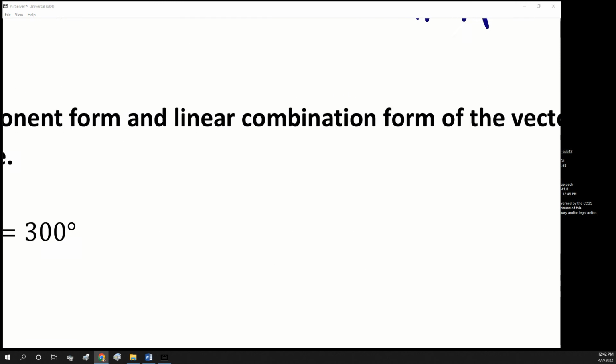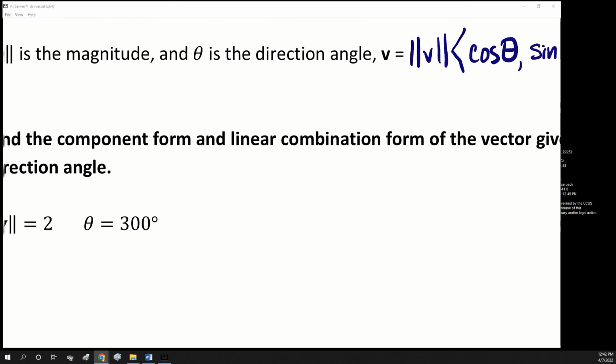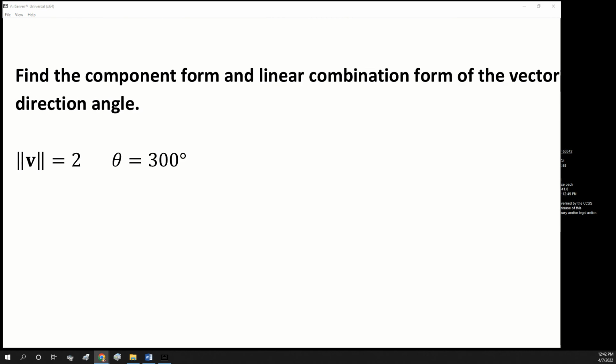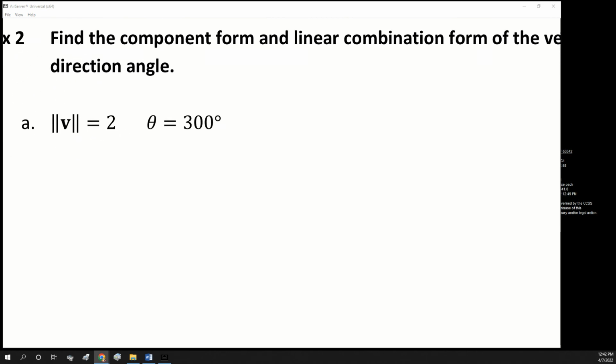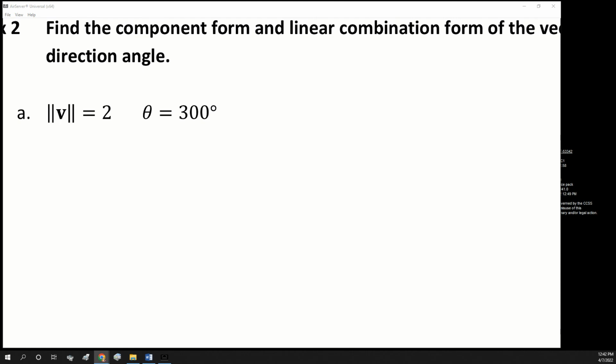Okay, so what we're going to do on this example is find the component form and linear combination form of the vector that has the given magnitude and direction angle. And again, I'm going to draw it. So this vector is 2 units long and the direction angle is 300 degrees.